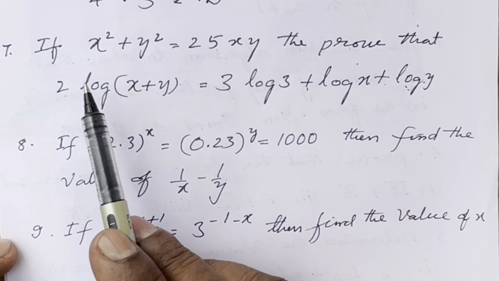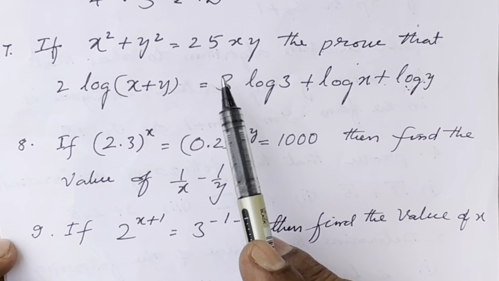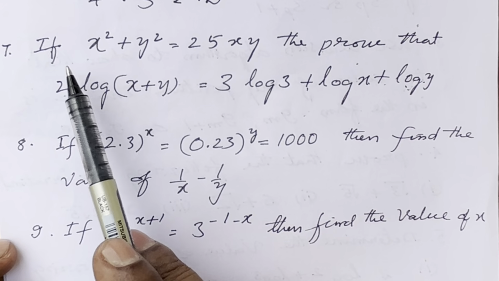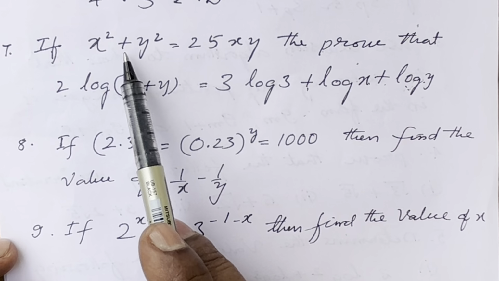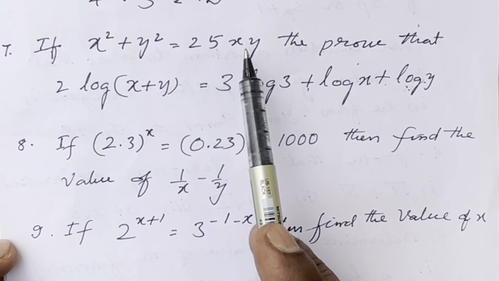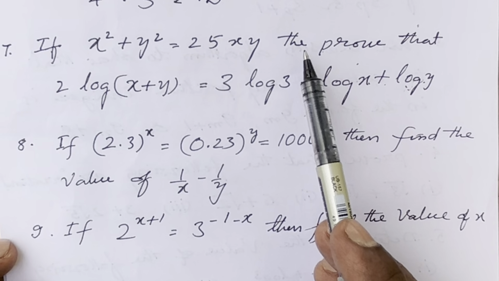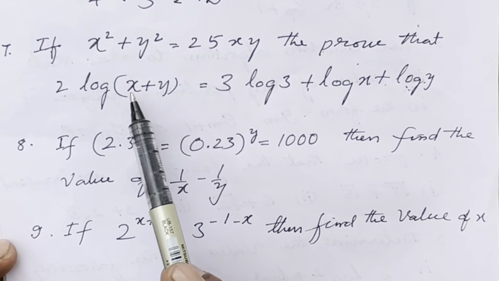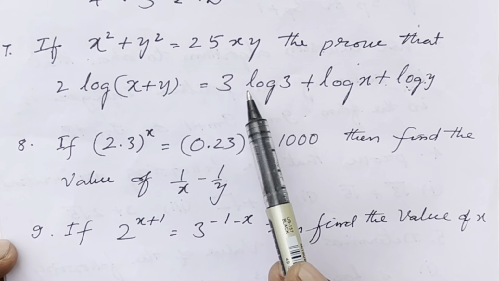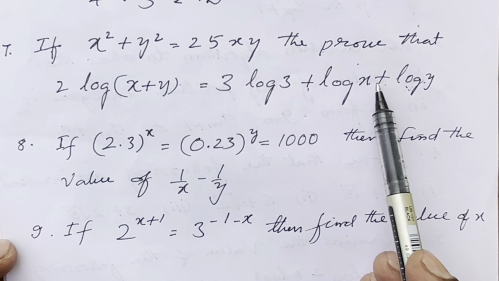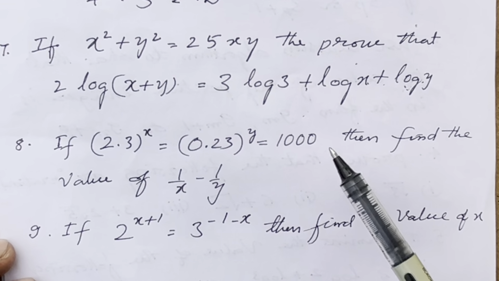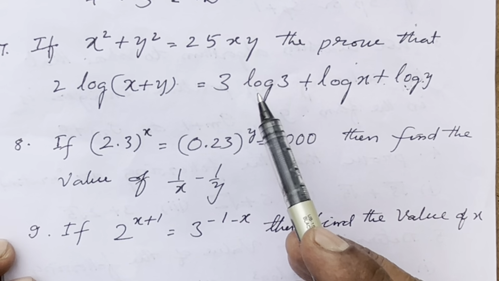Here 3 important long sums are there. The first one is if x square plus y square is equal to 25xy, then prove that 2 log (x plus y) is equal to 3 log 3 plus log x plus log y. This is the most important sum.